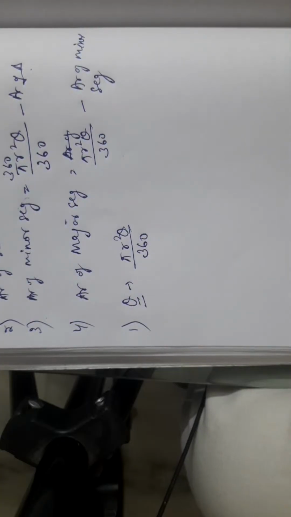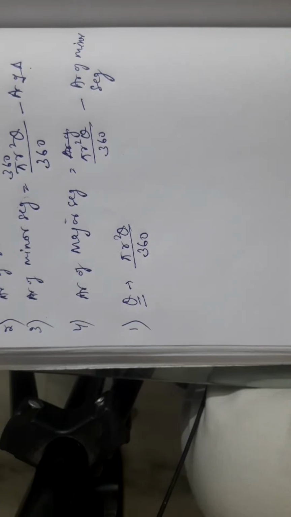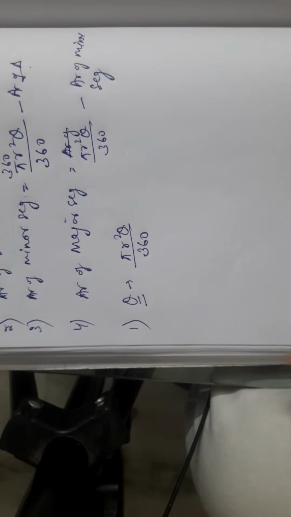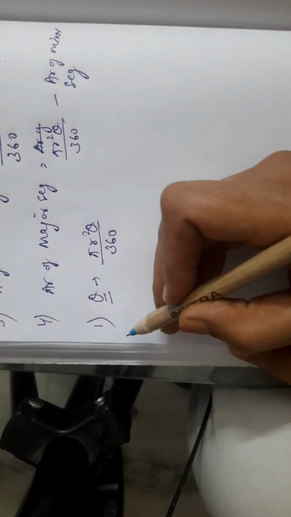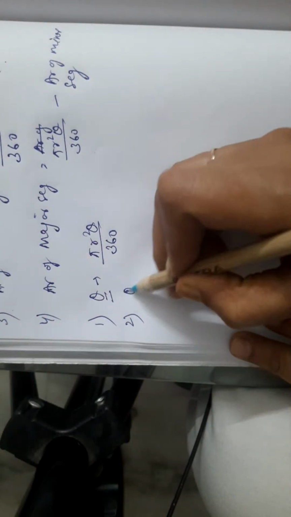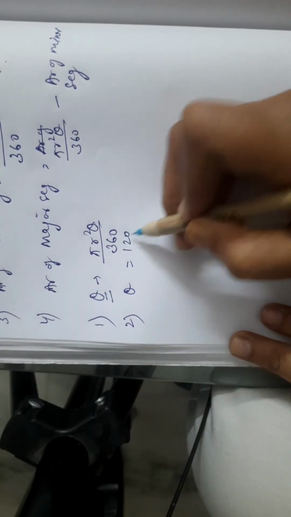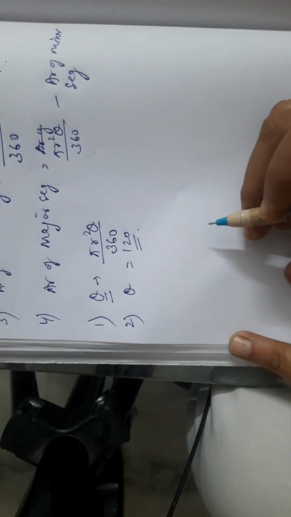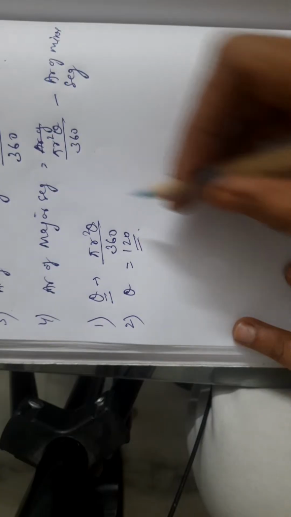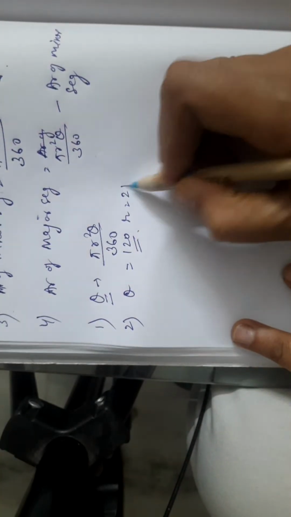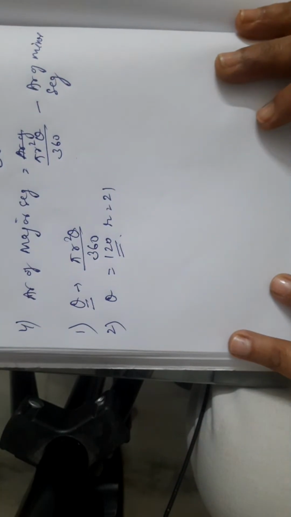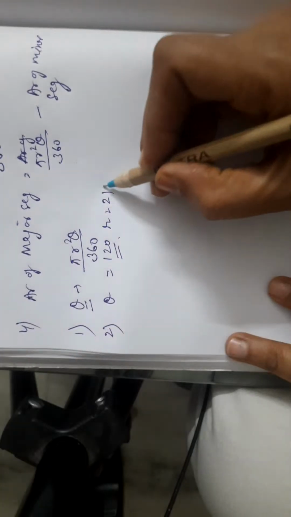Next question, a sector subtends an angle 120 at the center having the radius 21. Find the area of the sector.